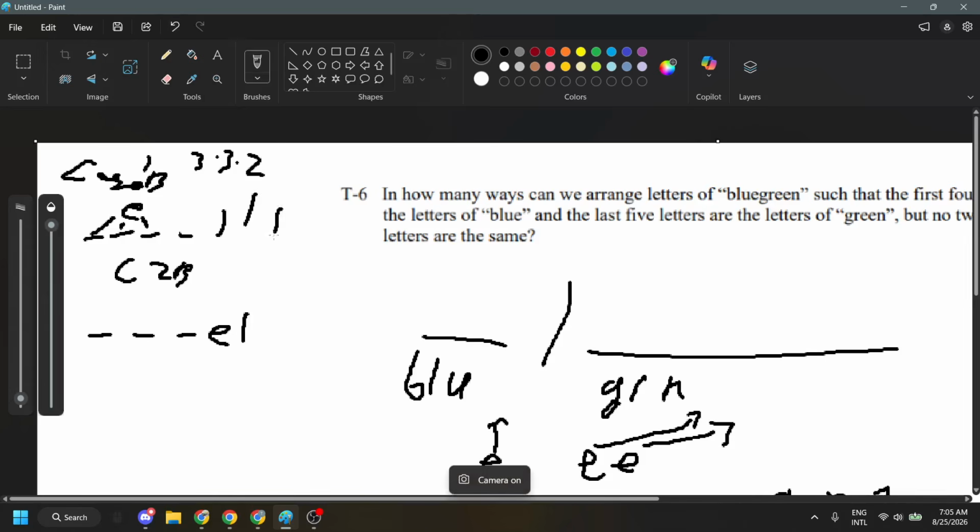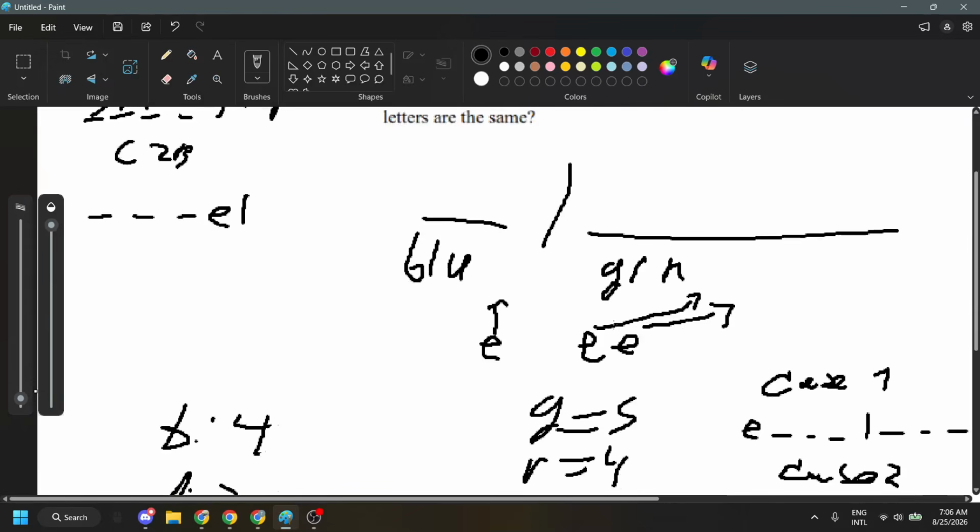For case 2B, this starts to interact with the other one, so we're not going to worry about that for now. So now for green, case 1 green, E is somewhere here. Case 2 green, oh shoot, there are 2 E's, I forgot. For case 1 green, we have an E here and then an E here.